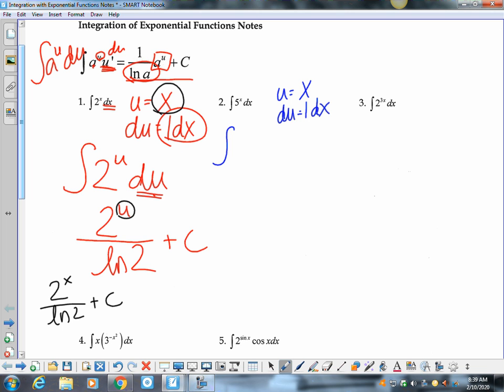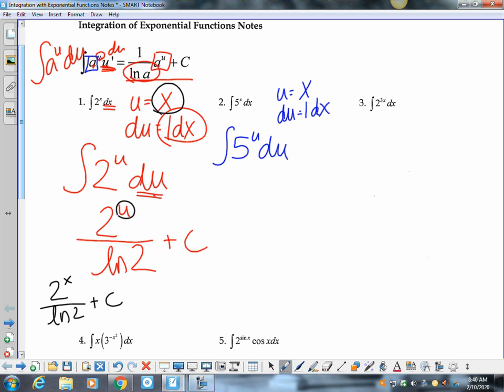So I have the integral of 5 to the u du. So a is a number, and that is part of my integral. The u sub is just for the power. So it's not like 5x. 5x is different. Correct. Yes.